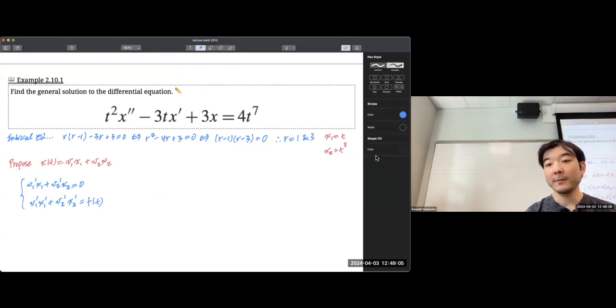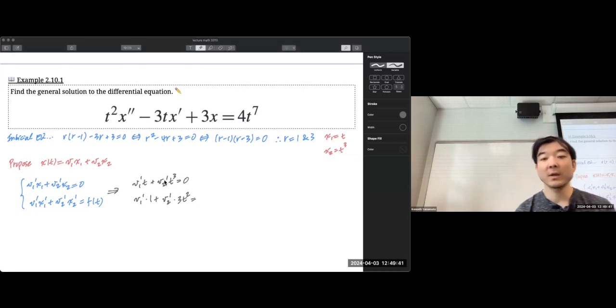And then you can plug in the x1 and x2. So it's going to be v1 prime times t plus v2 prime times t cubed is equal to 0. And then the other one is v1 prime times x1 prime, that's just 1, plus v2 prime times x2 prime, the derivative of this, so it'd be 3t squared, is equal to, and what is f of t?